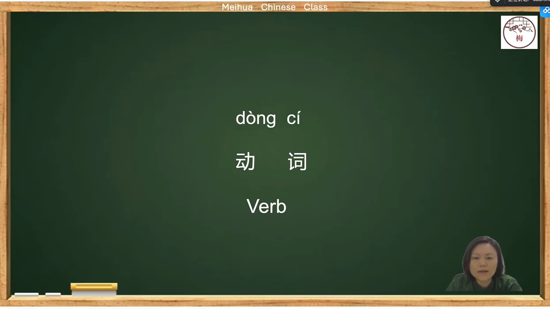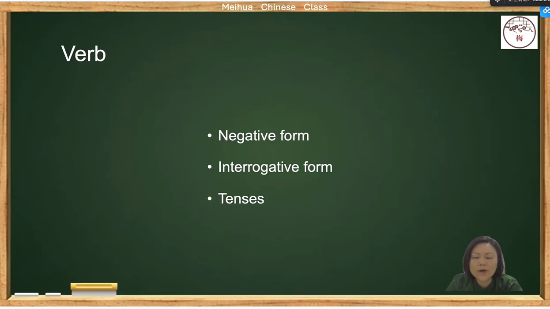In English, we have so many grammar rules for verbs in terms of tenses, in terms of voices. In English, we have to change the verb to different kinds of forms to fit the tense or voices.